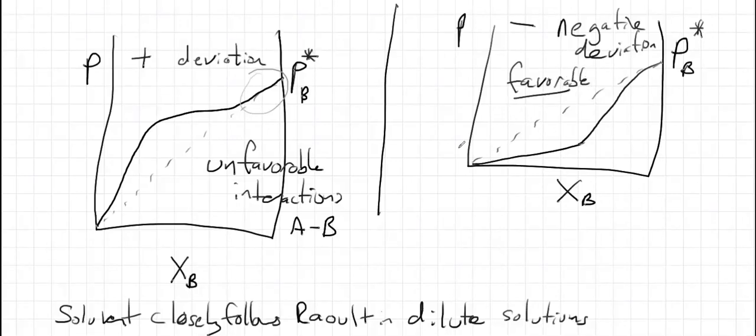And if it will help you remember the difference between favorable and unfavorable, imagine that in the liquid, molecules are going to be close together, and in the gas they are not. So it's the difference between being out on an open plaza and being in an elevator. If I have to be with a skunk, would I rather be with a skunk in an elevator or in an open plaza?